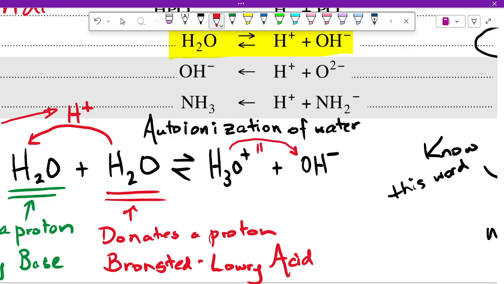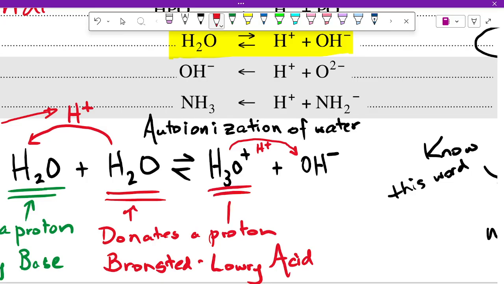So this is H3O plus, yes? Or sorry, not H3O plus. What am I saying? We get an H plus being donated. And so who is the Bronsted-Lowry acid in the reverse reaction? H3O plus.